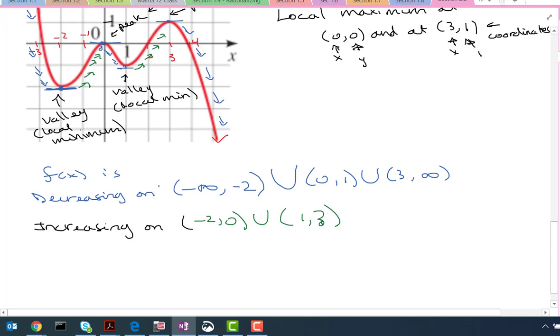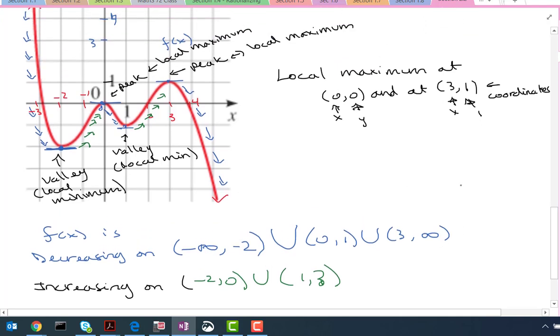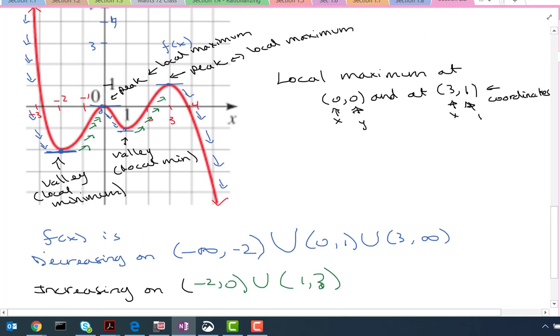Whereas these are x values, describing for what x values the function is decreasing. So there's a difference. I know they both have parentheses, and so sometimes that creates confusion. This is an interval of x values. This is the location of a local maximum or a local minimum.